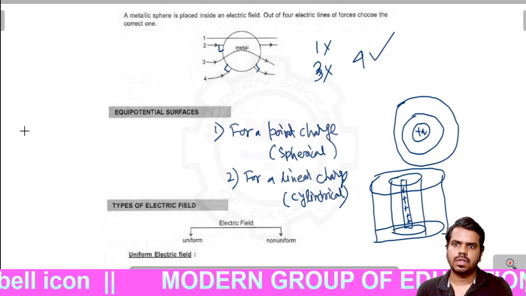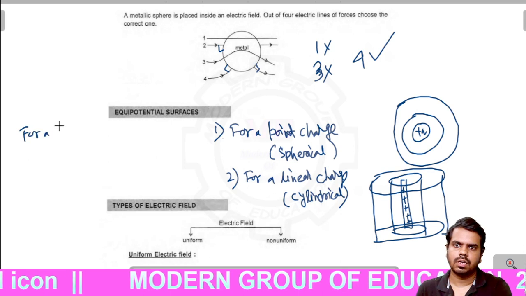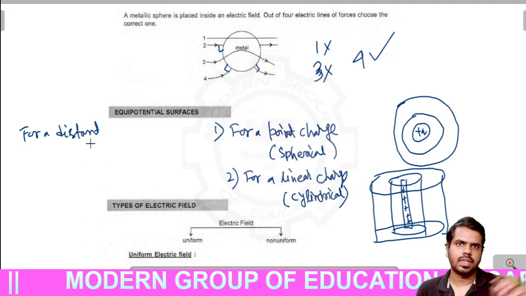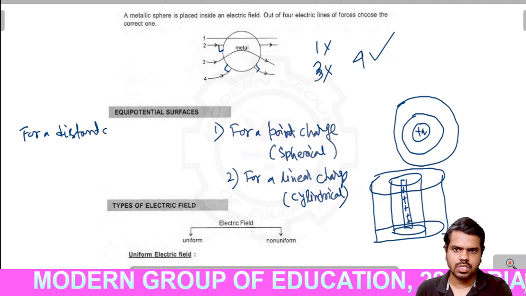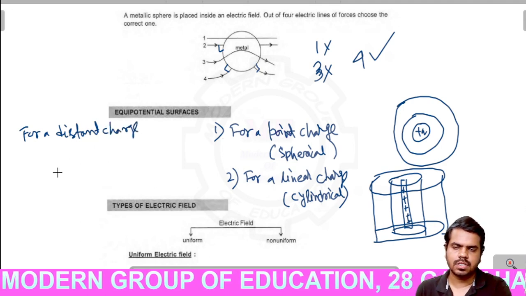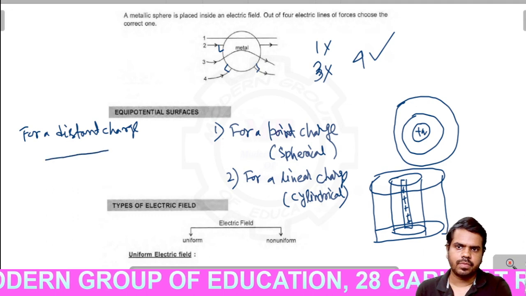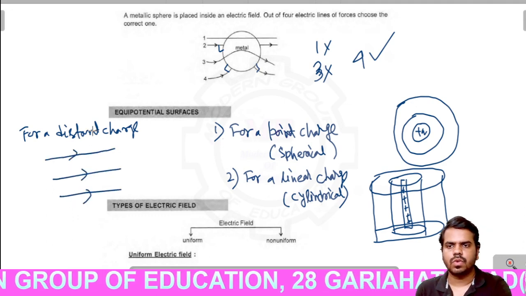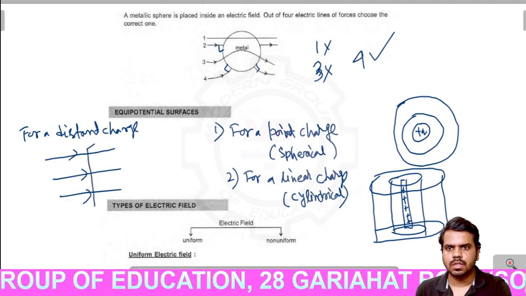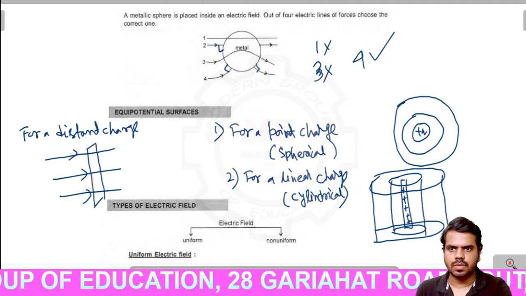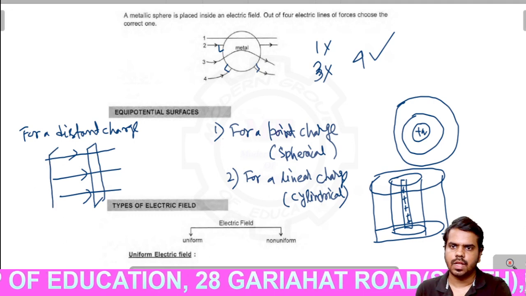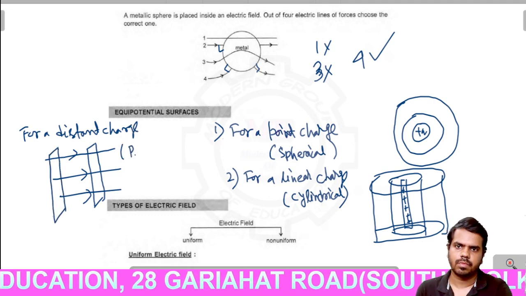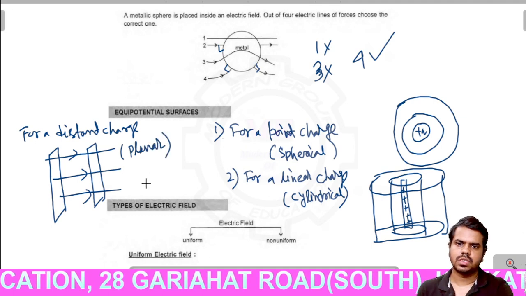Now, for a distant charge, that means a charge which is very far from us, a distant charge. From a distant charge, parallel electric field lines come. Always parallel electric field lines come. For this, the equipotential surfaces are called planar wavefronts, planar equipotential surfaces.